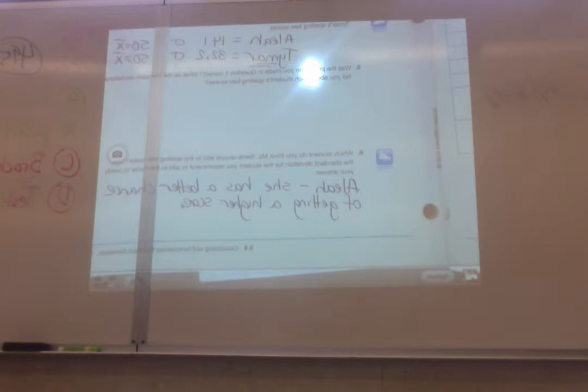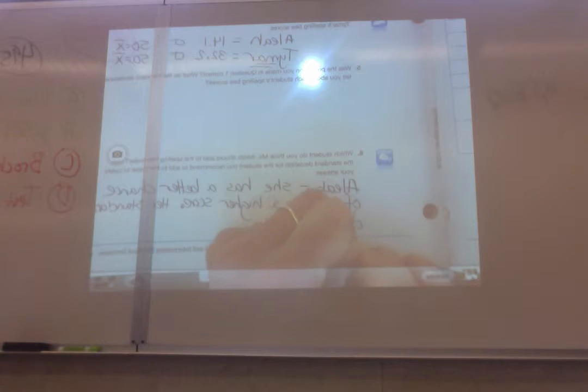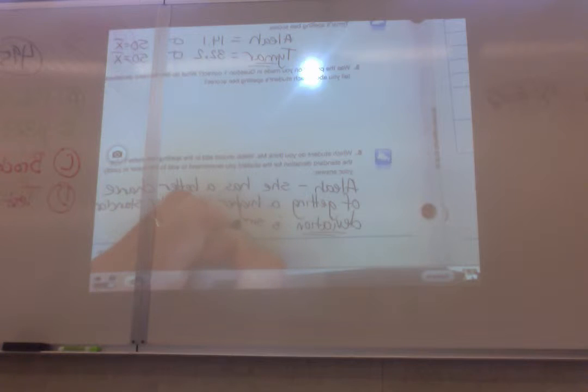What evidence do we have? Her standard deviation is, how does it compare to Timar's? It's close together. Okay, so the deviation is smaller.